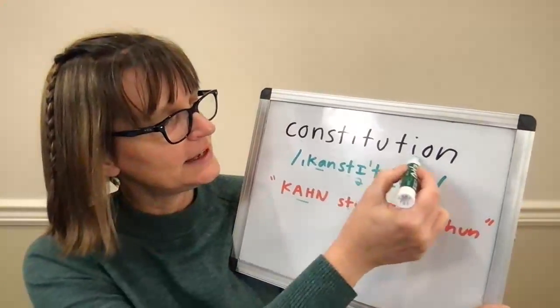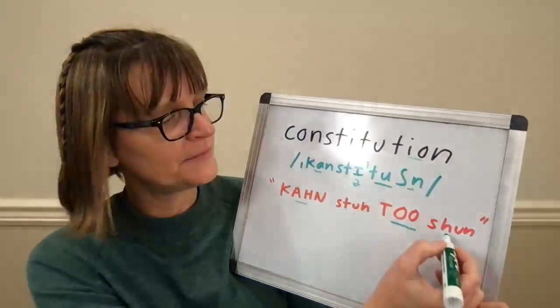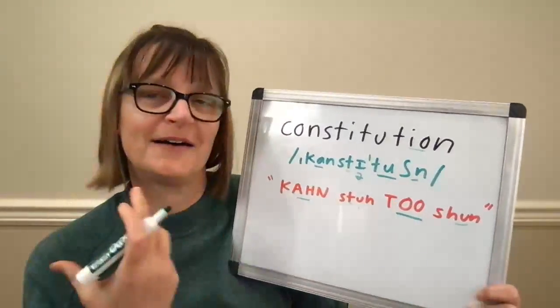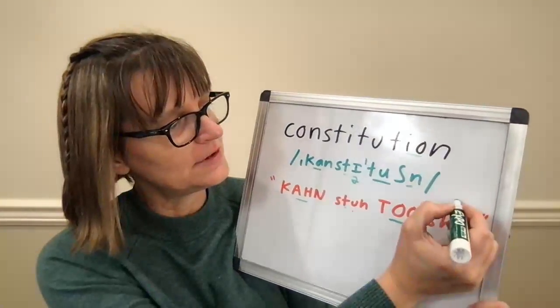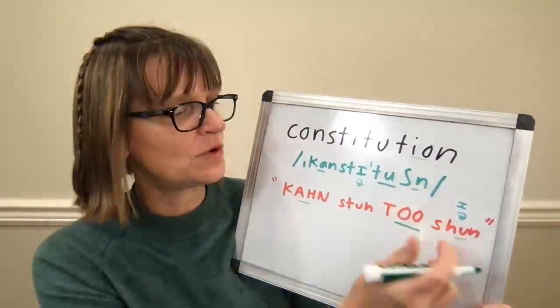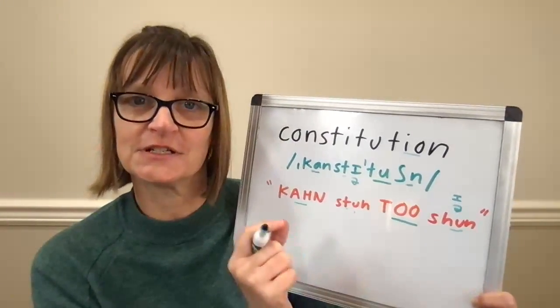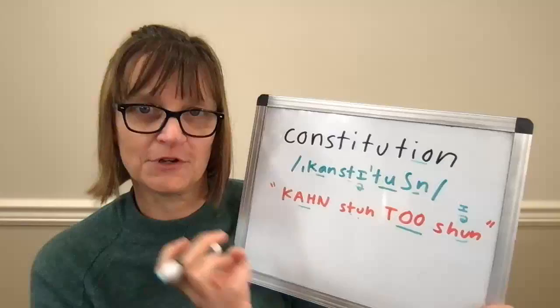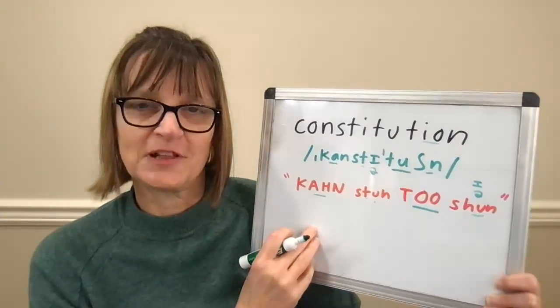Then similarly, in the dictionary, you might not even see a vowel for this shun syllable. I wrote it here with letter U because, again, it could be a little bit of a schwa sound, even a little bit of an I sound, constitution, constitution. You just want to go as quickly as you can from your SH to your N sound, shun, shun. Very light and very reduced vowel. You may also want to practice this one syllable at a time.